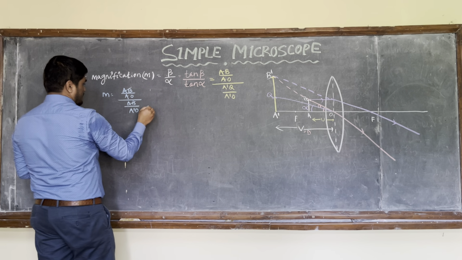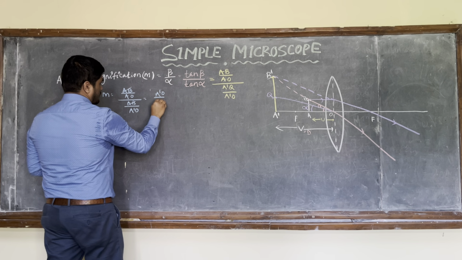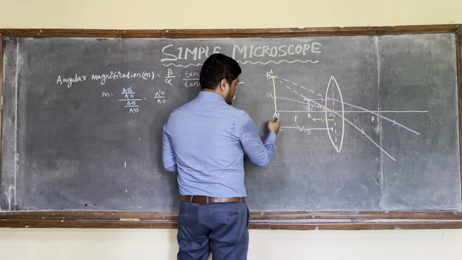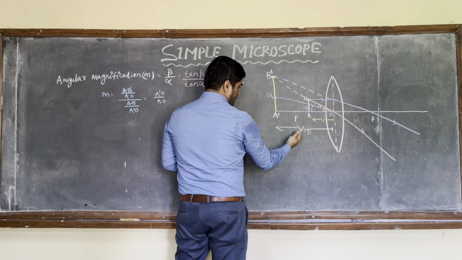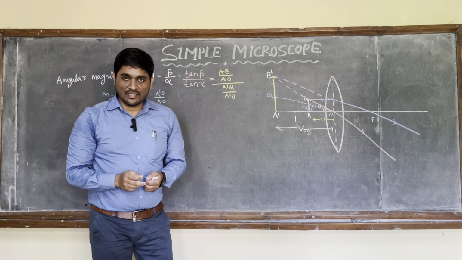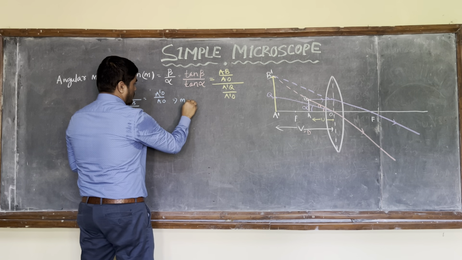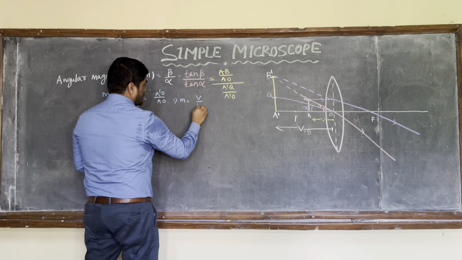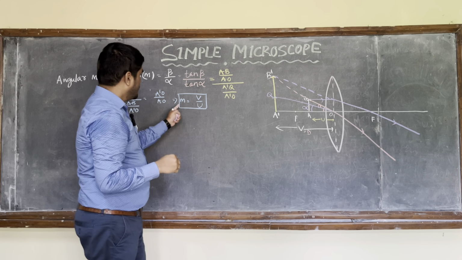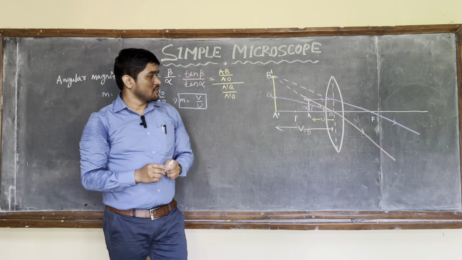So AB cancels, that implies M will be A dash O divided by AO. And in the diagram, the distance A dash O is the image distance, and the distance AO is the object distance. So you can write M equals V divided by U. So this will be the angular magnification, V divided by U. Clear?